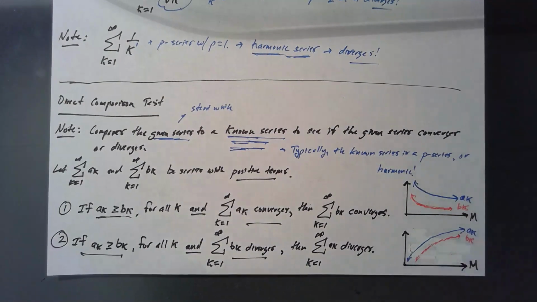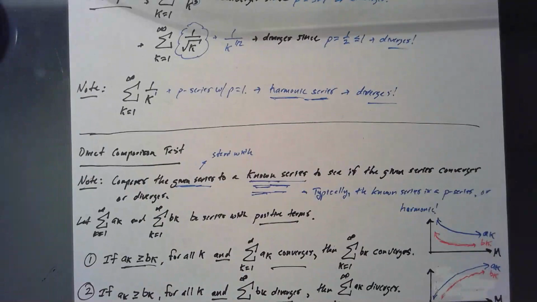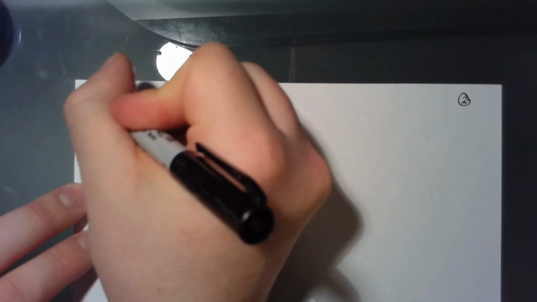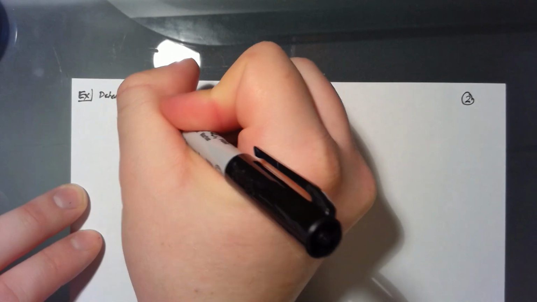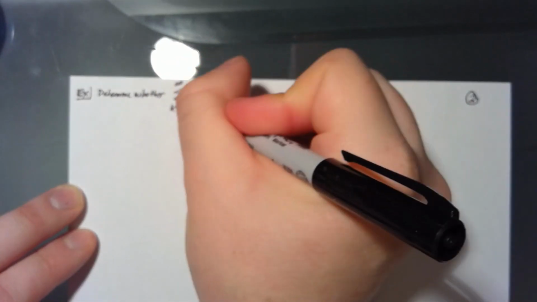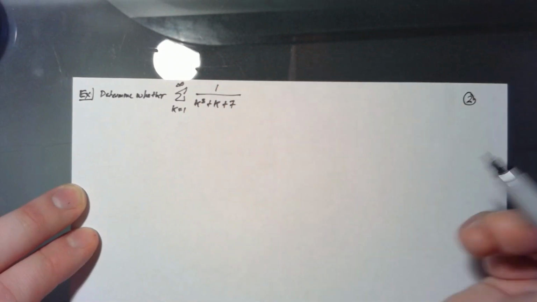So let's look at a few examples here to see how we use the direct comparison test. The series is 1 over k cubed plus k plus 7.